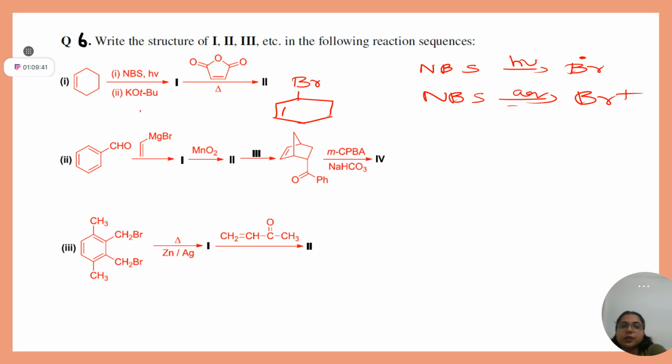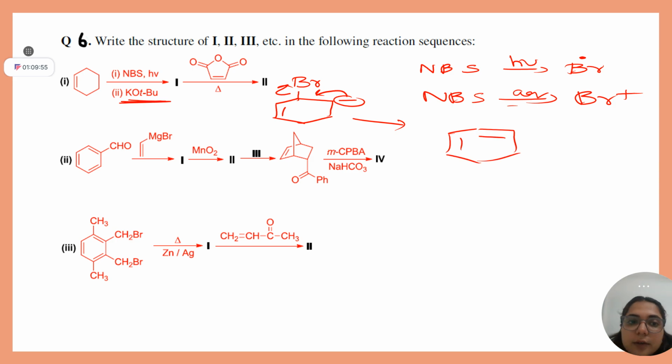Potassium tert-butoxide is a very strong base. Base will abstract a proton from here, knock off this bromine and will form your cyclohexadiene. Cyclohexadiene is there, dienophile is there, 4 plus 2 reaction will take place, students.